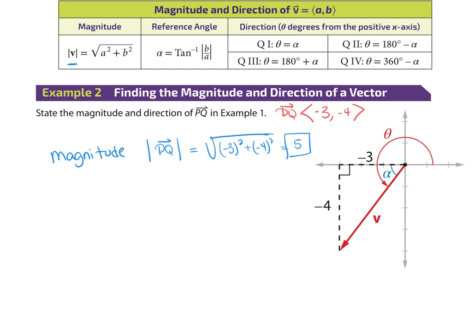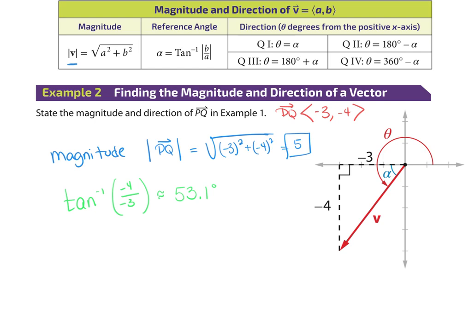And so to calculate that, we're going to say the inverse tangent of my -4 divided by my -3. When you do that in your calculators, first of all, we are talking about angles in degrees, not in radians, okay? So first make sure you're in degrees. You'll get a weird answer if you're in radians. In degrees, you'll get approximately 53.1 degrees.